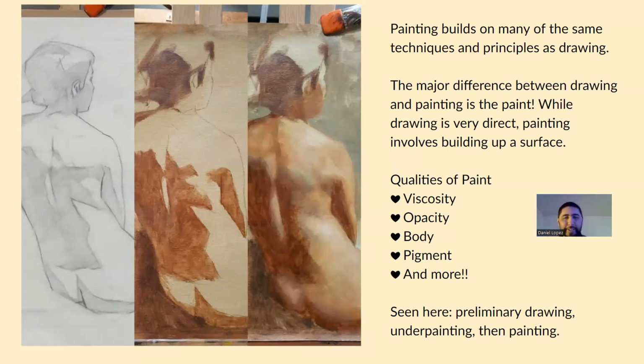Okay, so qualities: viscosity, how thick or how watery things are; opacity, how translucent they are; and the body, the thickness, the overall quality of that pigment, which is basically the color of it.